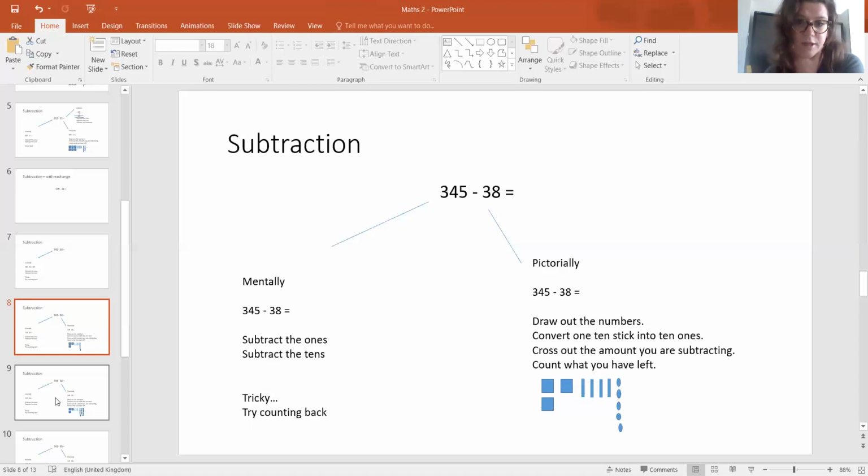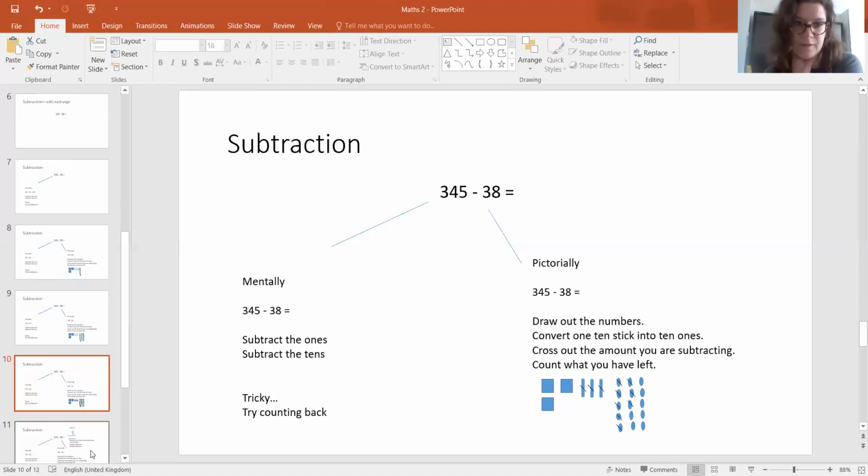So let's have a look. Here, I've done that here. So I have, see in my first example, I have 4 10 sticks because my number is 345, but I take away one of these 10 sticks and I turn it into 10 ones instead. I've converted it or exchanged it. Now I have enough ones to cross out 38, to cross out 8 ones and 3 10s. Here we go.